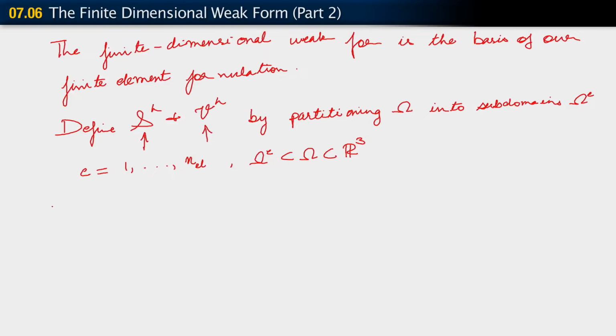Okay, so let me just draw the picture that we have in mind, and then we'll say more things about it. So this is omega, and what we are trying to say here is that we're thinking of partitioning this domain omega into subdomains such as this one, and maybe another one right next to it, and so on.